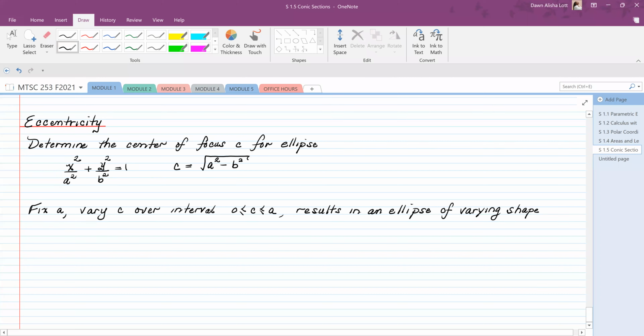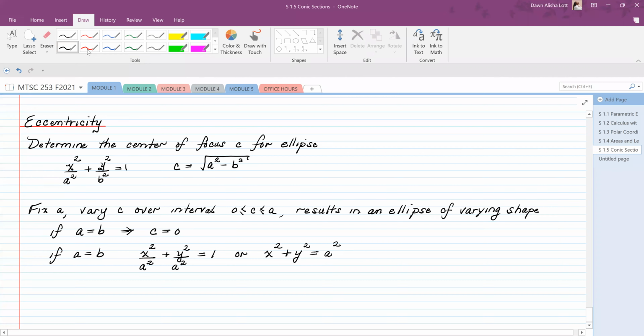All right, so if a is equal to b, then c will be 0. And if a is equal to b, then you end up with x squared over a squared plus y squared over a squared is 1, or x squared plus y squared is equal to a squared.